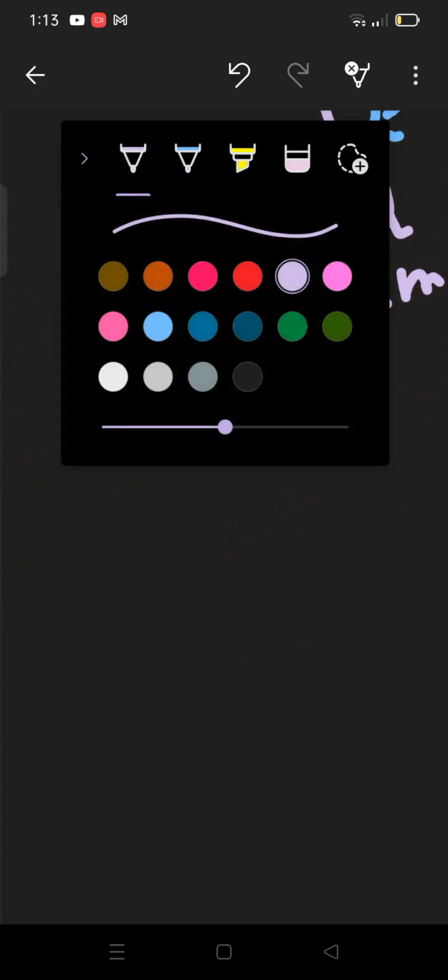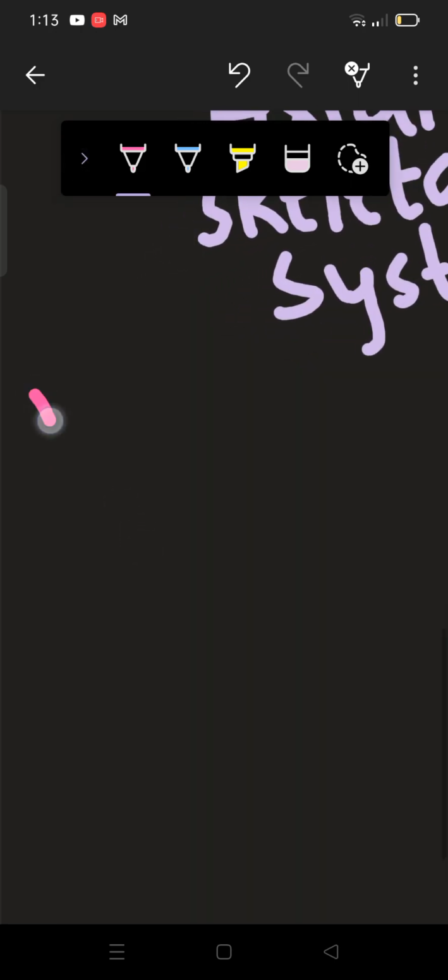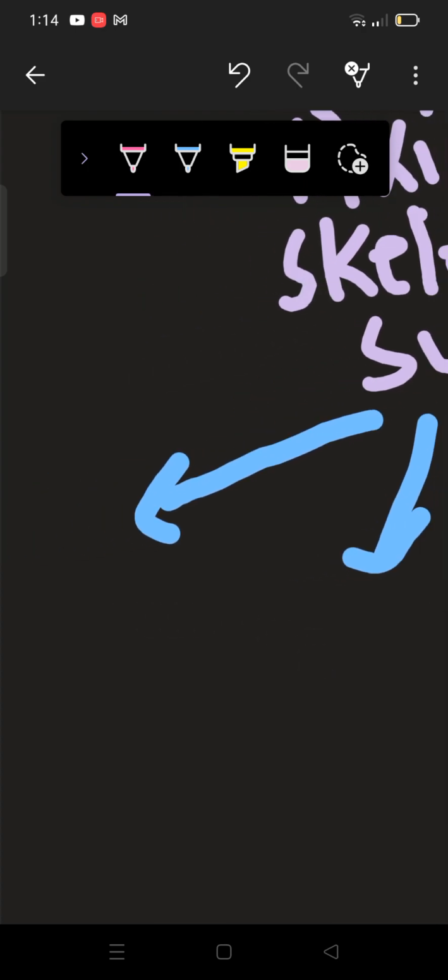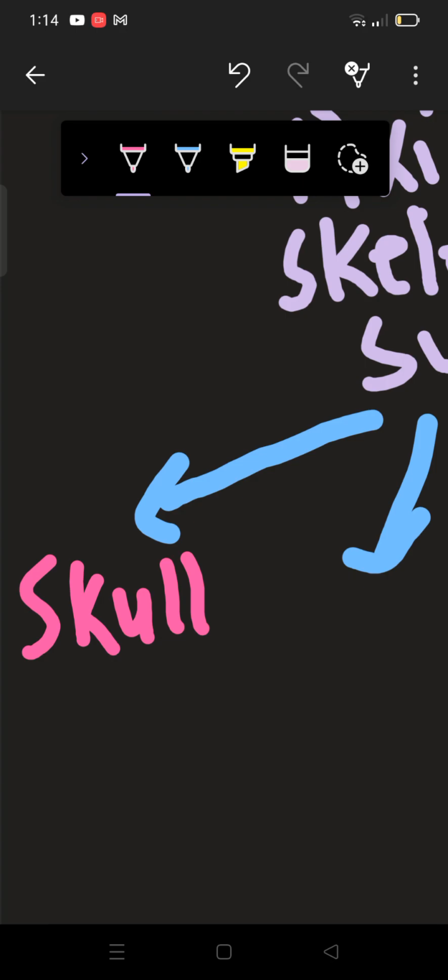So I should easily write here what structures are present in the axial skeletal system. First, second, third and fourth. So the first is the skull. We'll be counting that as well. How many bones are there in the skull?